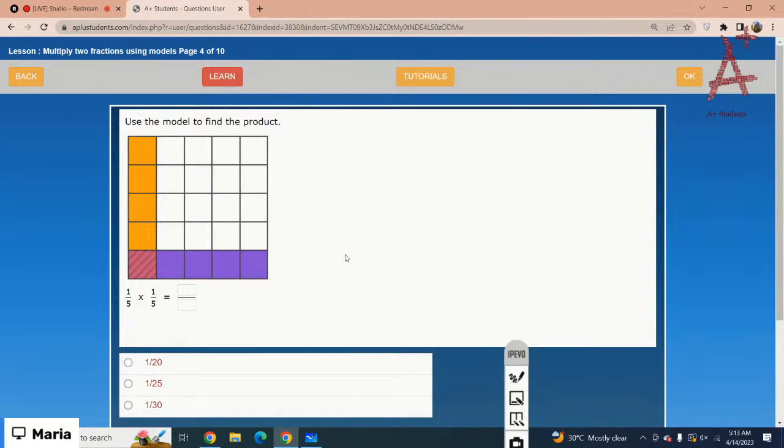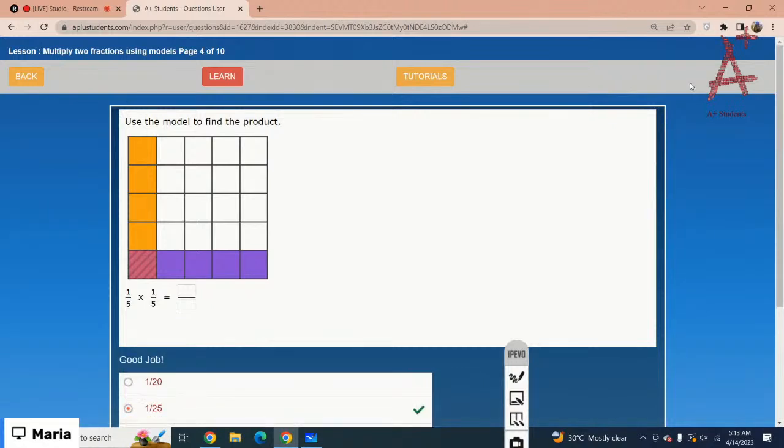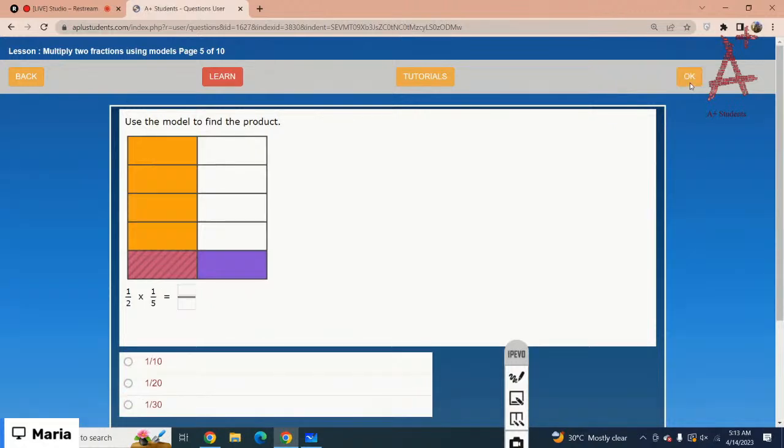So the correct option is 1 over 25. Okay, the next one is use the model to find the product. So which is the correct option? Yes, that would be 1 over 10. 5 times 2 is 10, so it would be 1 over 10.